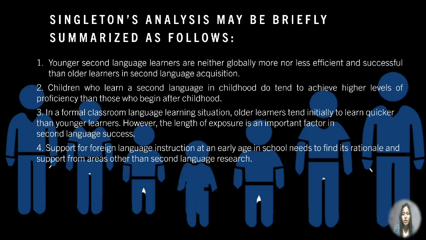So second language instruction in the elementary school rests on the suitable provision of language teachers, suitable materials and resources, favorable attitudes of teachers and parents, and the need to make the learning experience enjoyable.